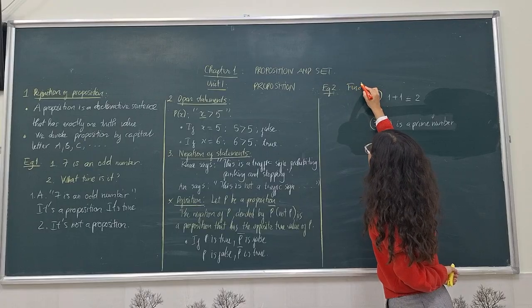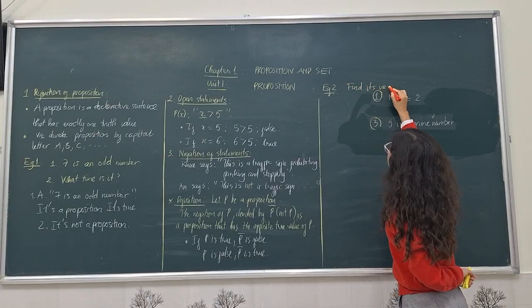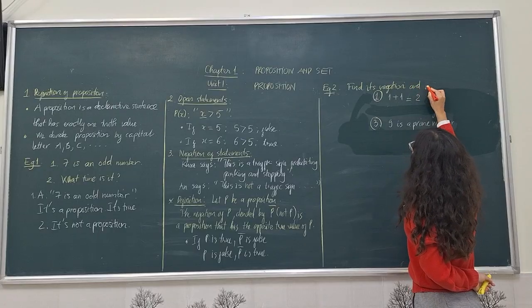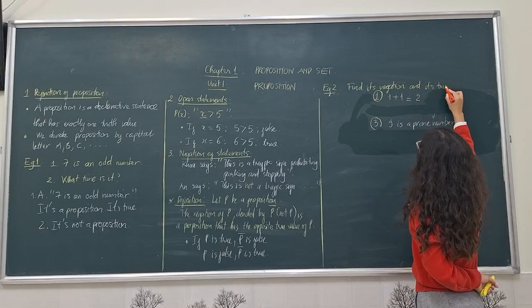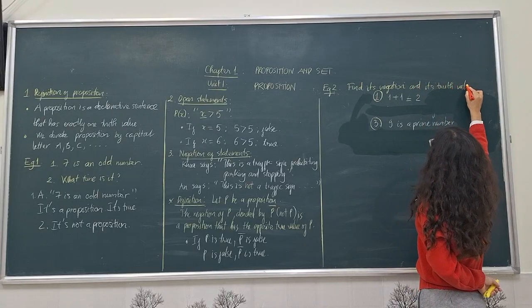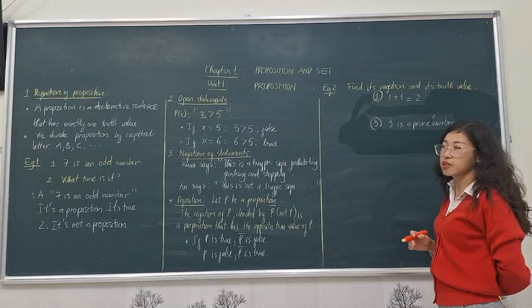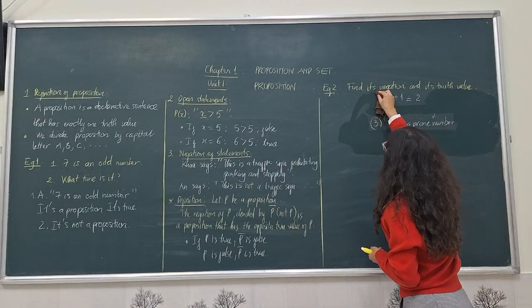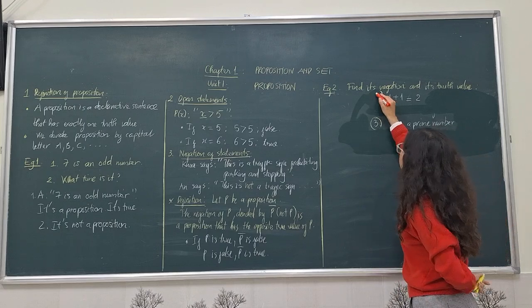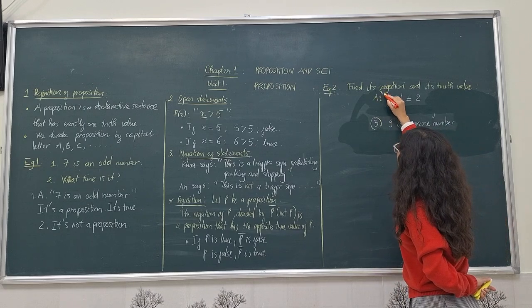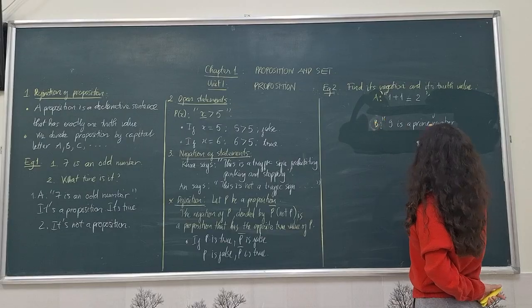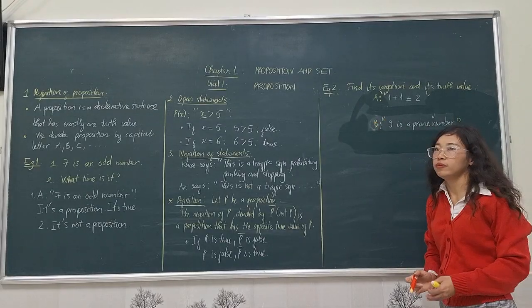Find its negation and its truth value of this sentence. Sentence 1 I call proposition A. Sentence 3 is called proposition B.